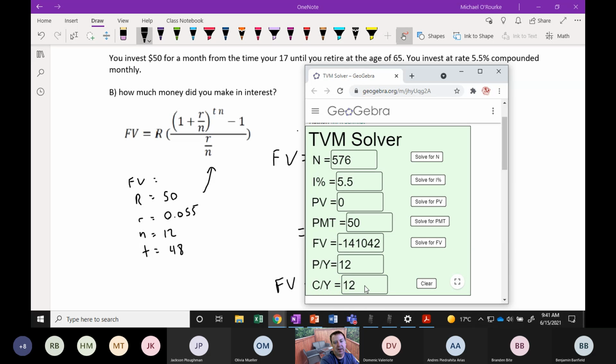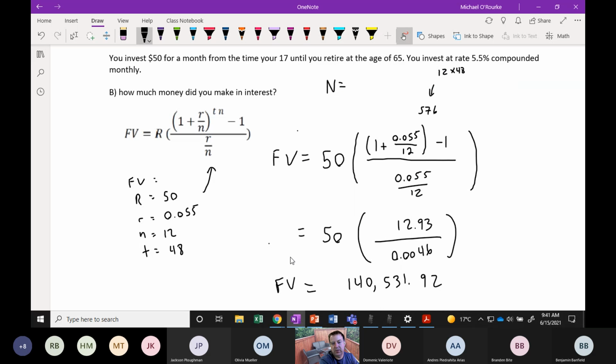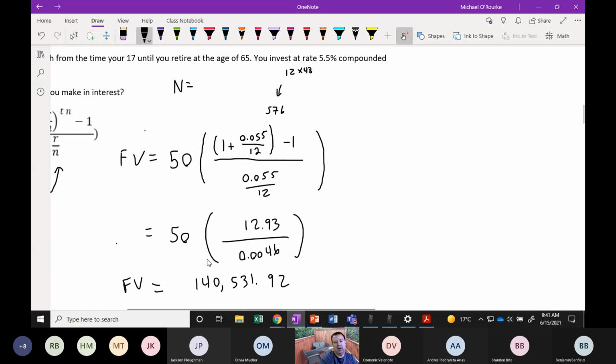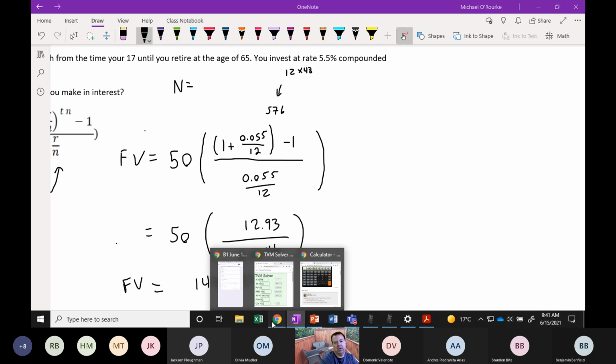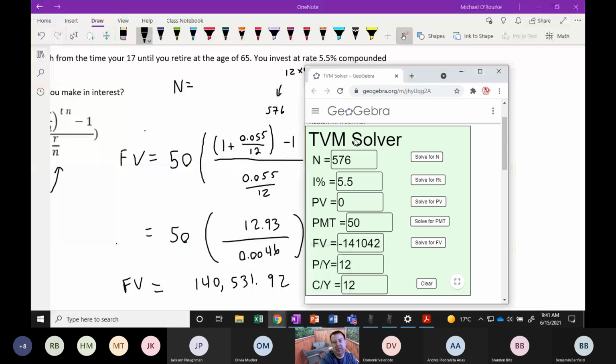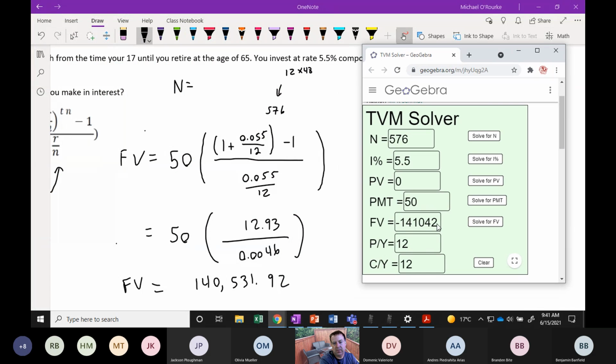And my future value is 141,042. So I'm a little bit off here because of rounding, but I'm in the same ballpark. Okay. So the answer is going to be pretty much the same there.